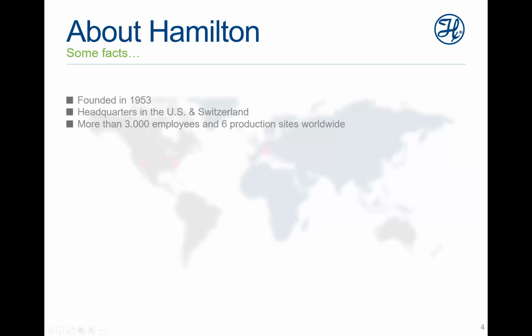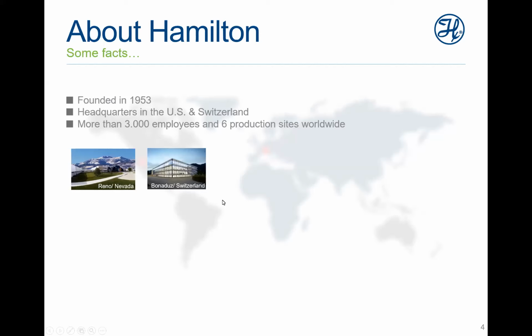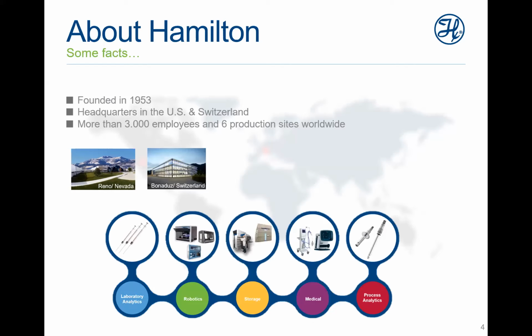We also have 6 production sites and many regional offices worldwide. I forgot the pictures of our nice headquarters here in the mountains of Reno and Bonaduz. And as I said, we have 5 divisions: laboratory analytics, robotics, storage, medical, and process analytics. I will talk about the products of process analytics today.